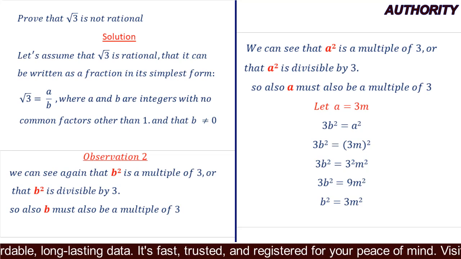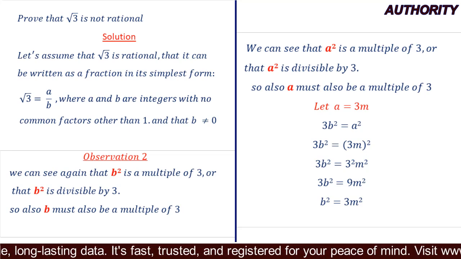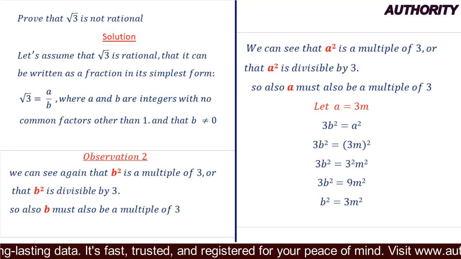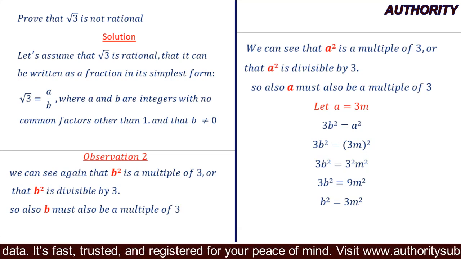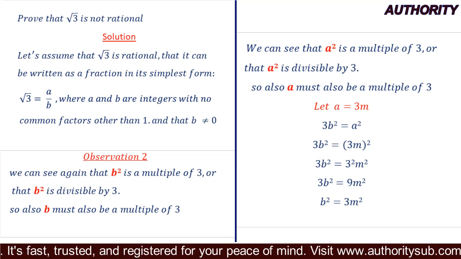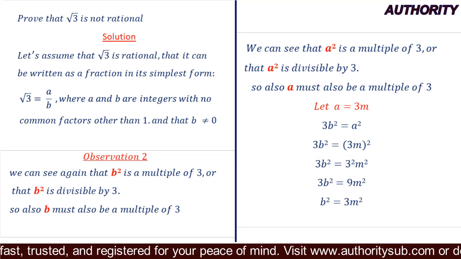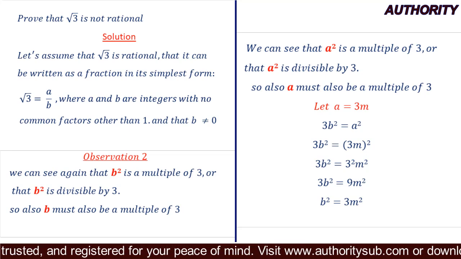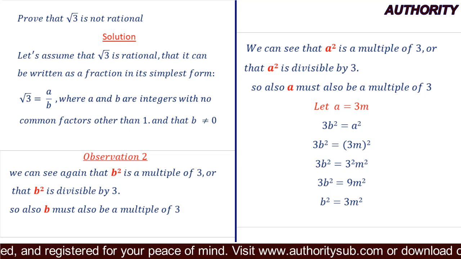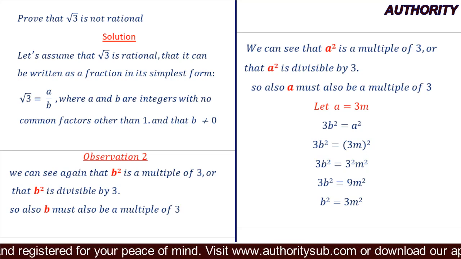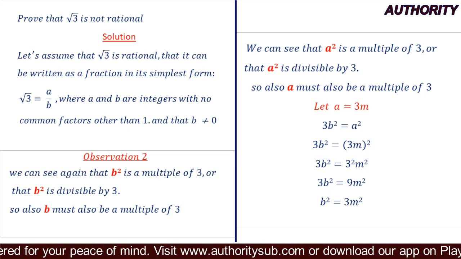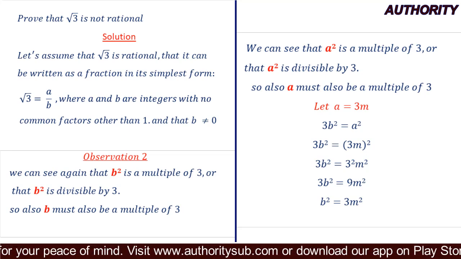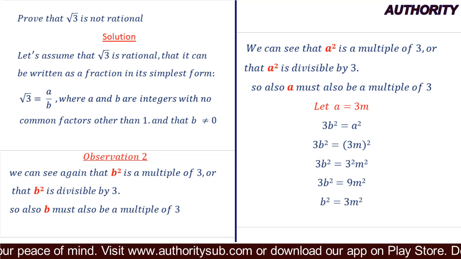And then we see from our observation 1 that a is divisible by 3, or that it is a multiple of 3. And then observation 2 shows us that b rather is a multiple of 3, and that is also divisible by 3. You see, our initial claim said that it does not have any common factor. Observation 1 and observation 2 are telling us that a and b have a common factor 3, or that they are divisible by a number, 3.